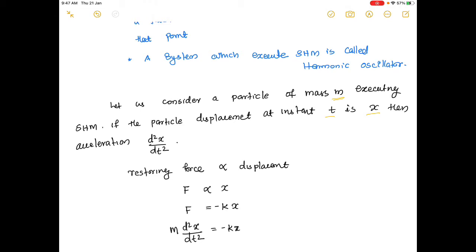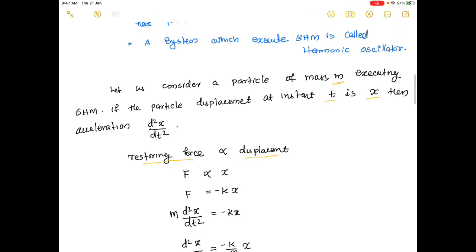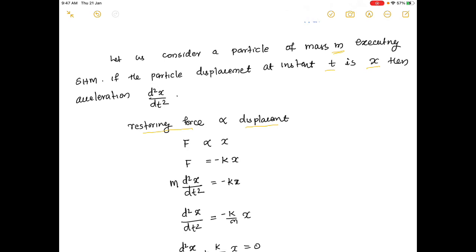According to the simple harmonic motion definition, the restoring force F is proportional to the displacement, so F is equal to minus kx. Here k is a proportionality constant, also called Hooke's constant or restoring constant, and the minus sign indicates that the restoring force is always directed towards that fixed point.